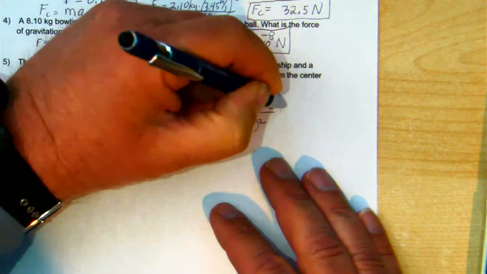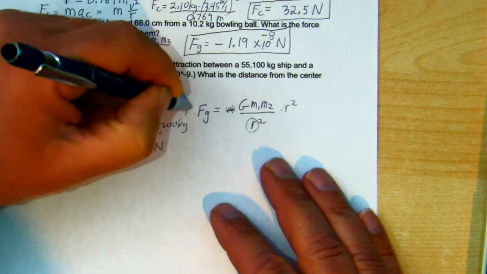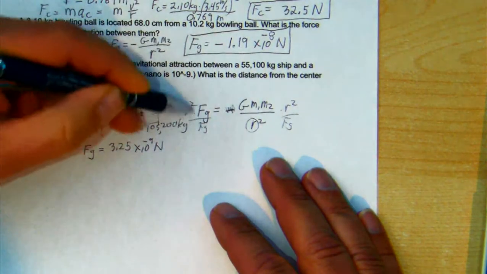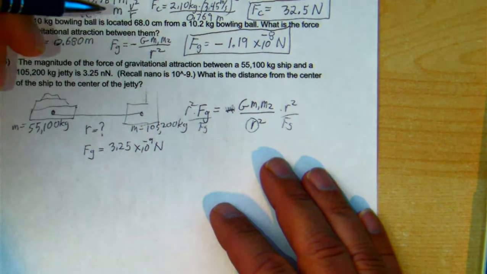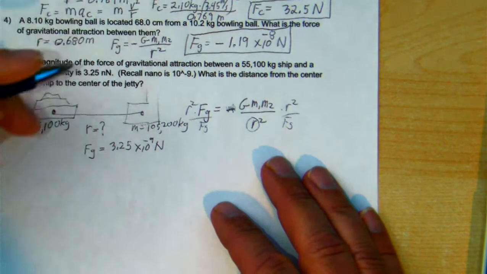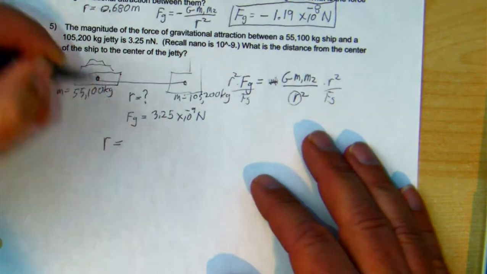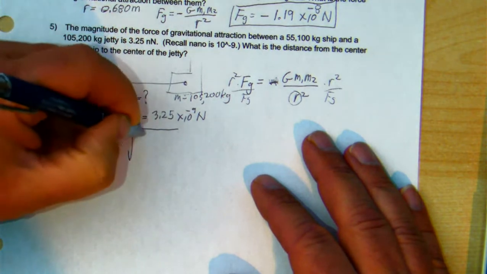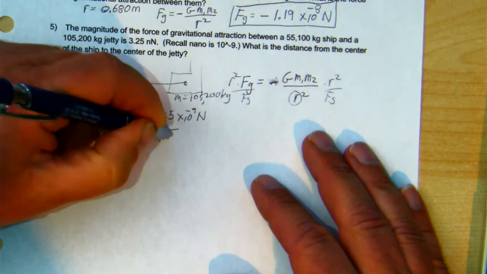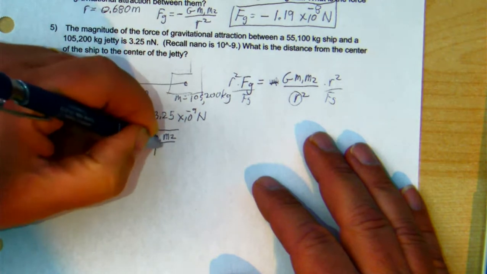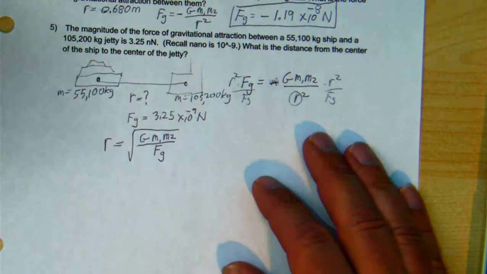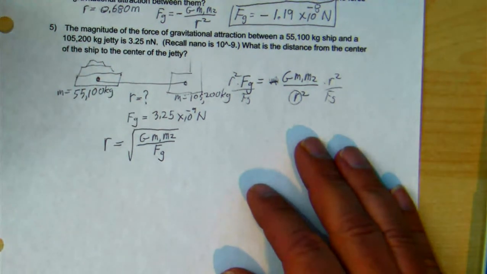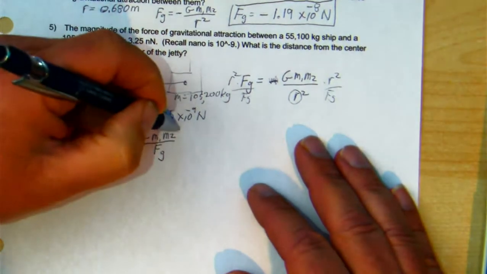So I would first multiply both sides by r squared. Then I would divide both sides by the force of gravity. That will isolate the r squared on one side of the equal sign. And then finally, take the square root of both sides. So r is equal to the square root of G m1 m2 divided by the magnitude of the force of gravity between them. You're not going to be taking the square root of a negative number in this part of the course.